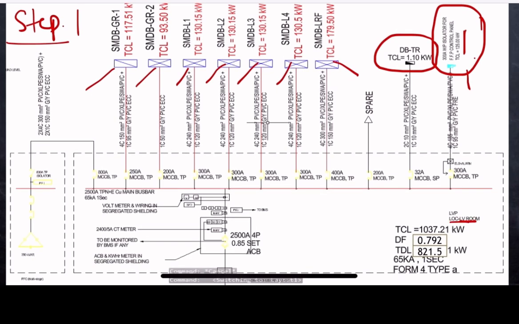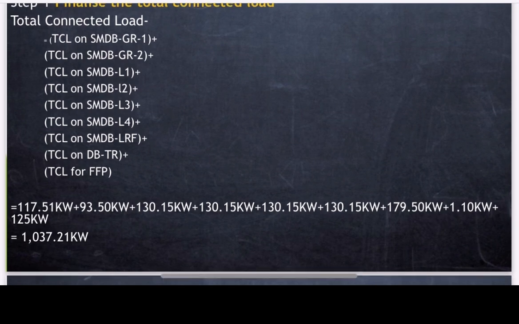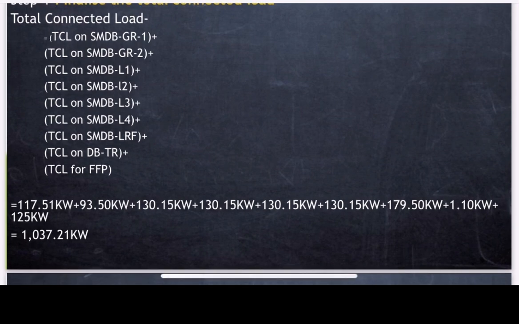so what we will do, we will add the load on SMDB GR1, SMDB GR2, L1, SMDB L2, SMDB L3, SMDB L4 and SMDB LRF plus DBTR and the total rating of the fire pump. So once we calculate all the load, we will get that the total connected load on the MDB is 1037.21 kilowatt.